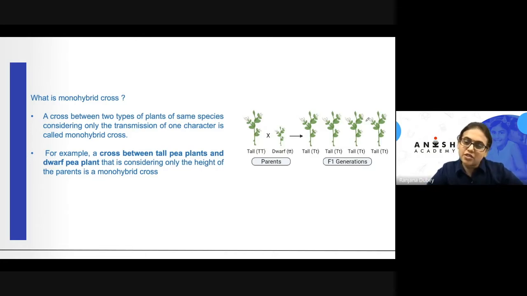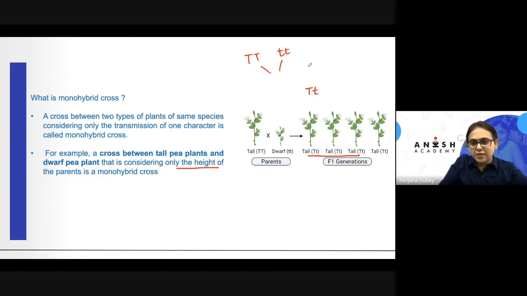When I perform a cross between the tall plants and the dwarf plants, all the plants in the first generation were tall, but the genotype of those plants is capital T and small t, because they come from two parents who had the alleles capital T and small t for tallness and dwarfness respectively.